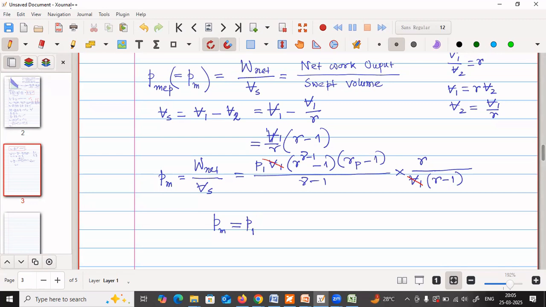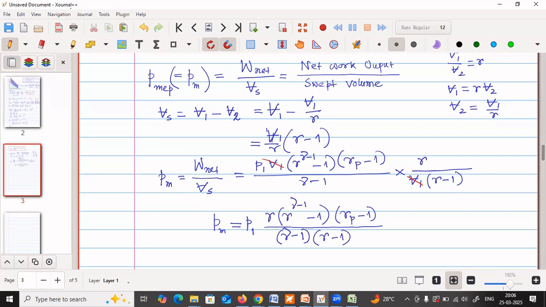So P1 multiplied with R multiplied by R to the power gamma minus 1 multiplied by Rp minus 1, and in the denominator it is gamma minus 1 whole multiplied with R minus 1.